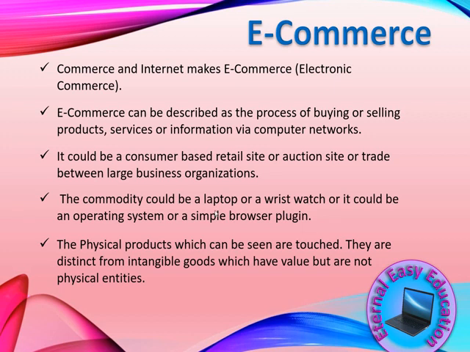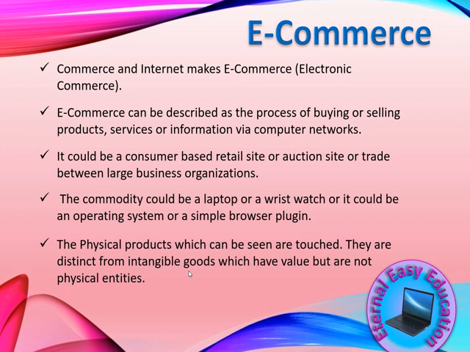A commodity could be a laptop, the product which is going to be bought or sold. That may be a laptop or a wristwatch, or it could be an operating system or a simple browser plugin. That means it may be a software tool. The physical products which can be seen or touched are distinct from intangible goods.